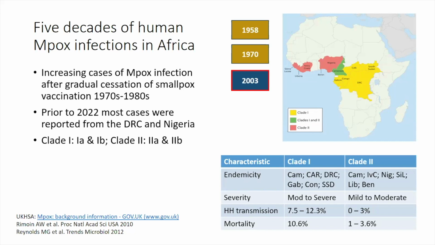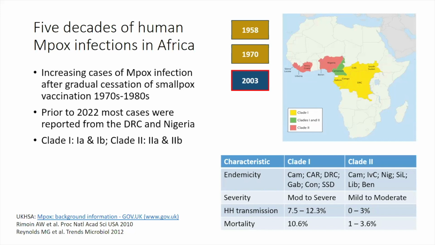We changed the names from Congo Basin and West Africa to clade 1 and 2 respectively, and we changed the name from monkeypox to Mpox at the same time in 2022. And these 2 clades have subclades like 1A and 1B, 2A and 2B.